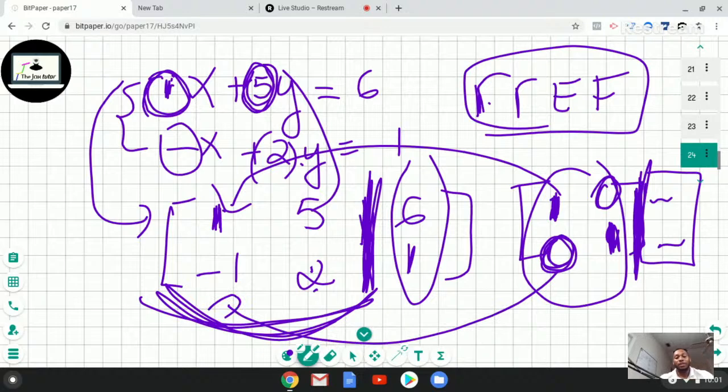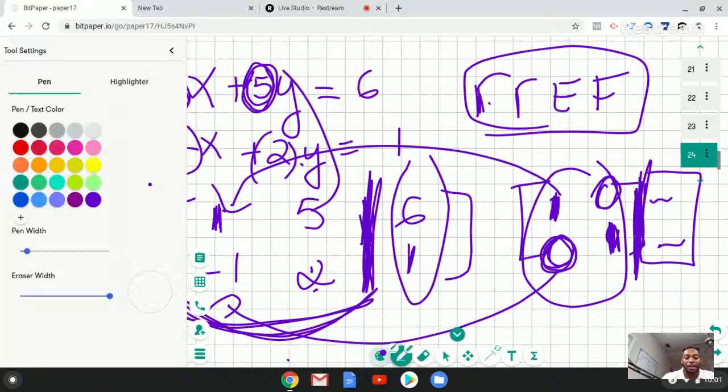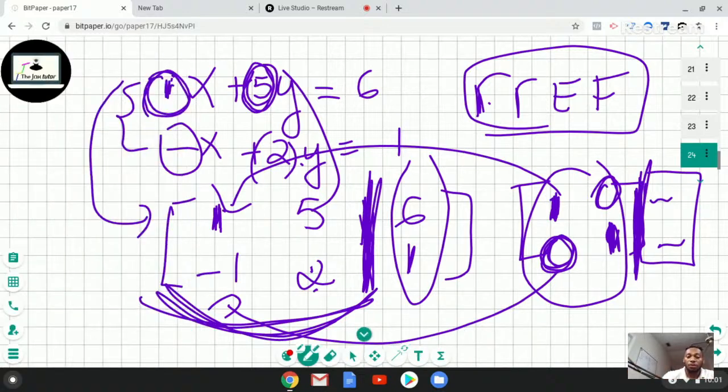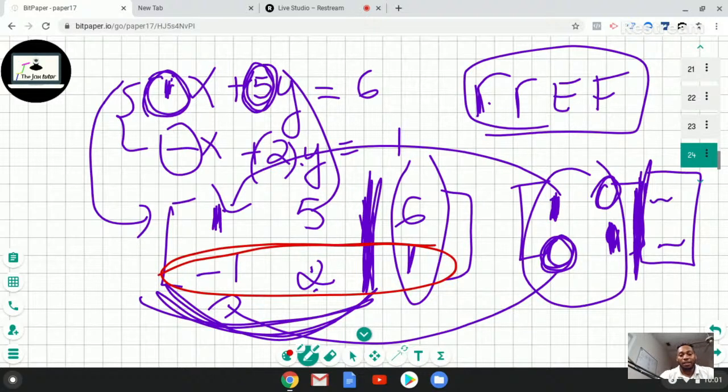We want this in the second row to be 0. The name reduced row echelon means we're mostly dealing with rows. Understand that the row is everything that's in there, including the number to the right. Whatever we do on the left part is going to affect the one on the right.